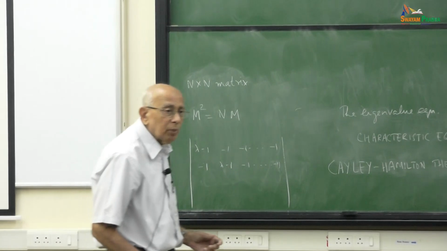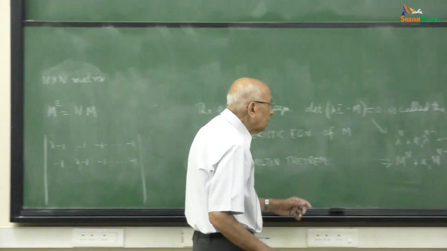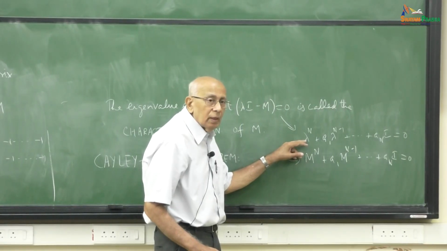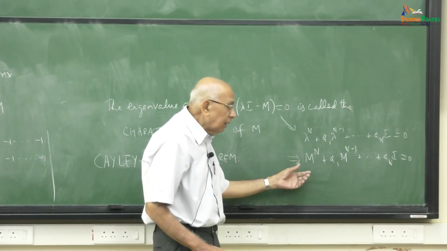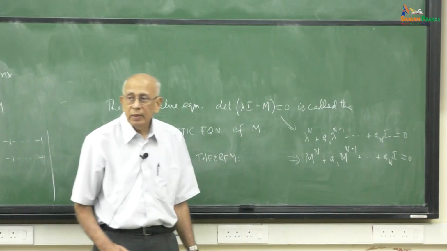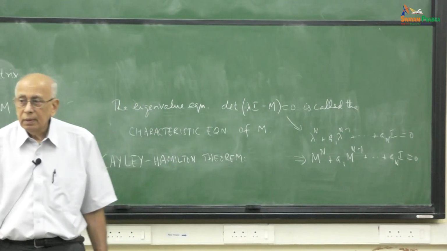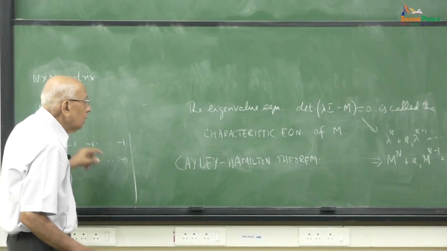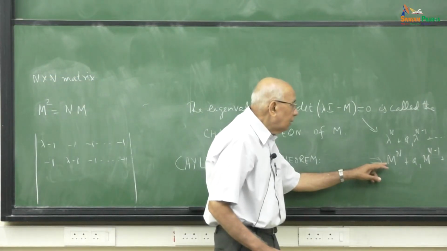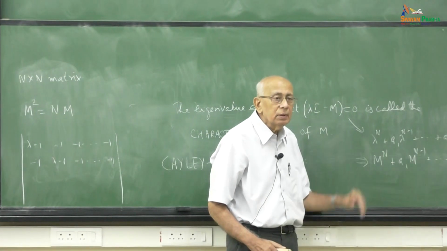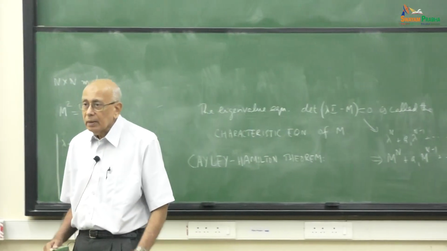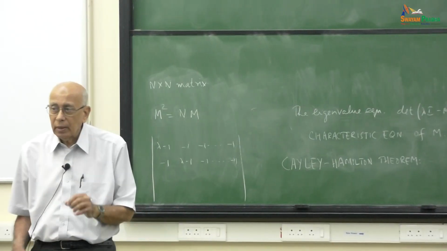It's saying something profound: if you took the unknown lambda in this ordinary algebraic equation and replaced it by the matrix itself, the equation is satisfied. Which means that for every n by n matrix, you can write M to the power n in terms of the lower powers. And the characteristic equation is guaranteed to be of order n.